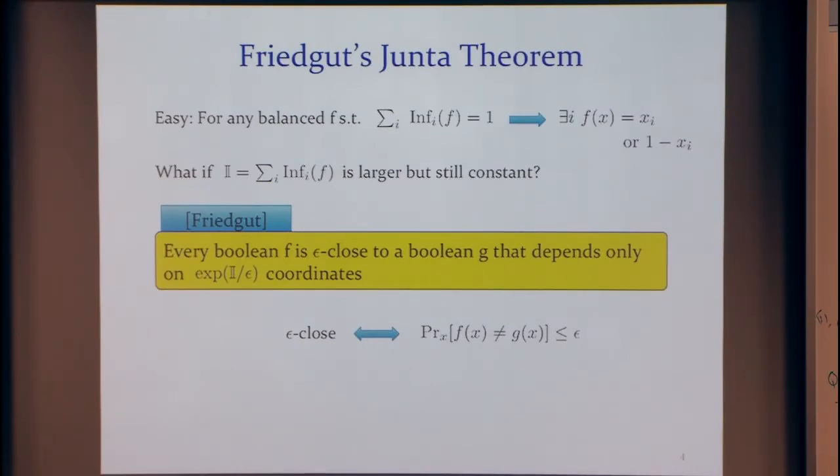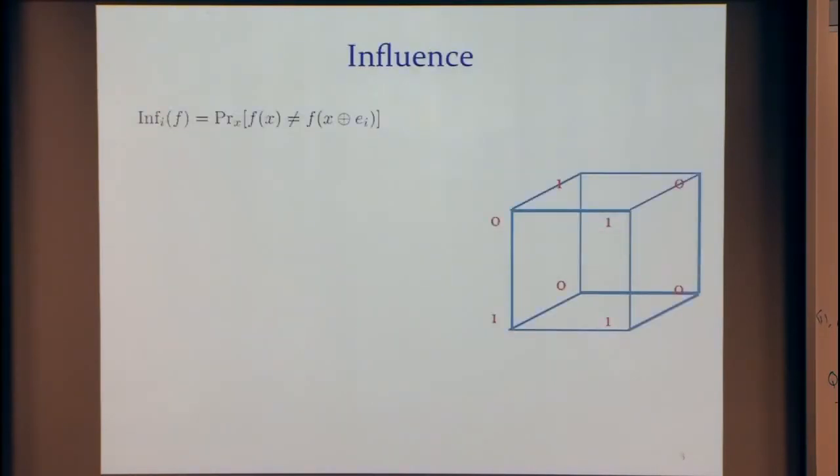Right, so both these theorems are over the hypercube, and over the hypercube, influence can have several different interpretations. Let's quickly go over these interpretations because these will help us study the various ways these theorems can be generalized. So here's the definition we started with: the influence of the ith coordinate is the probability that for a random x, you flip the value of the function by flipping the ith bit.